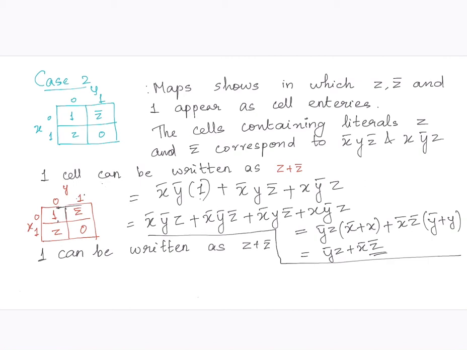Now, in order to group this, the K map can be redrawn: instead of 1, replace it with z plus z bar, and z bar, then below z and 0. So this is x 0 1 and y 0 1.